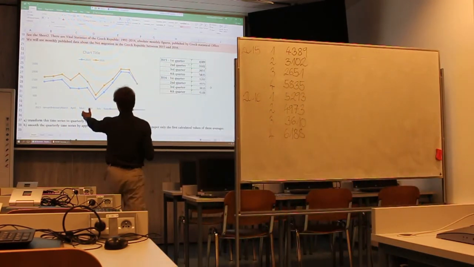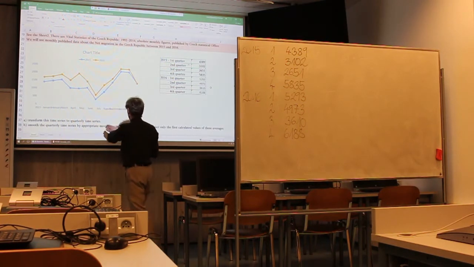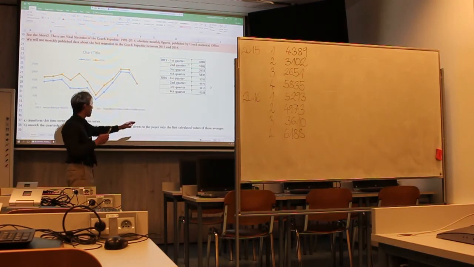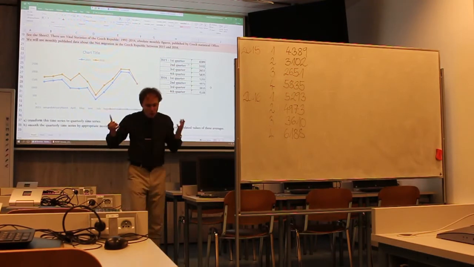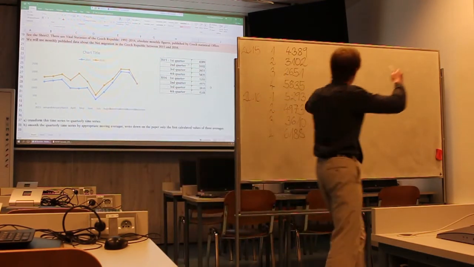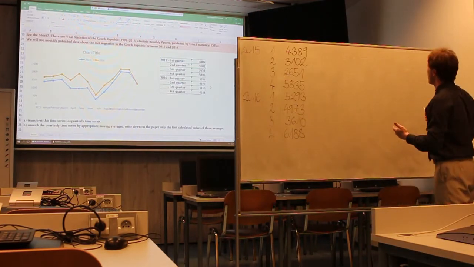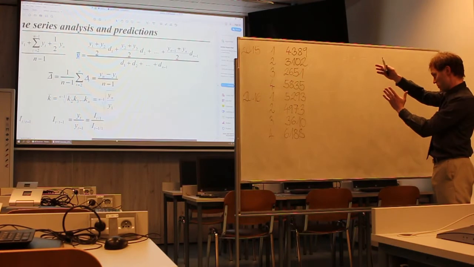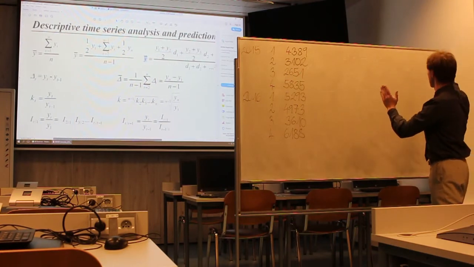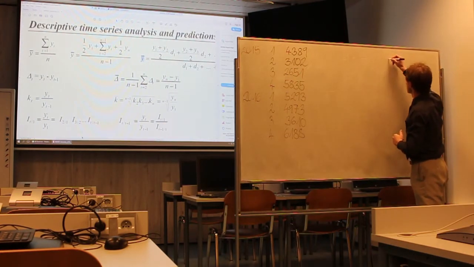Smooth the quarterly time series by appropriate moving averages. Write down on paper all the first calculated values of these moving averages. What is a moving average? We can have even moving averages and odd moving averages.